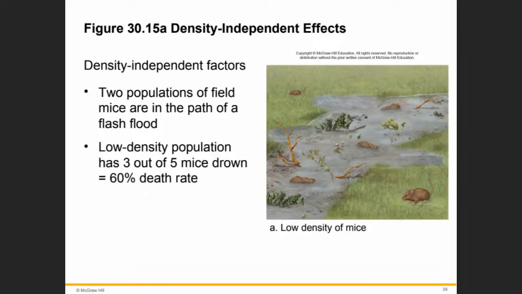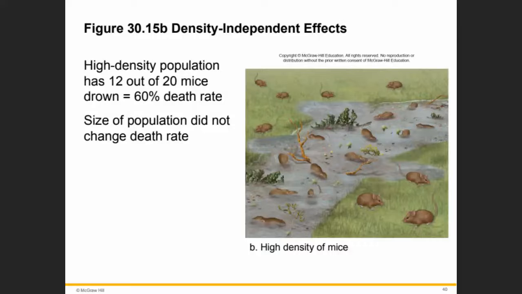Same way, remember that these are independent factors. Two populations of field mice are in the path of a flash flood. The high density population has 12 of 20 mice drowning. The size of the population did not change the death rate.